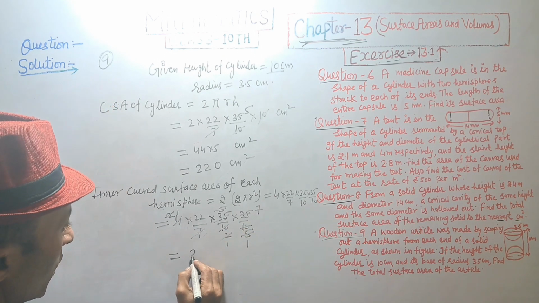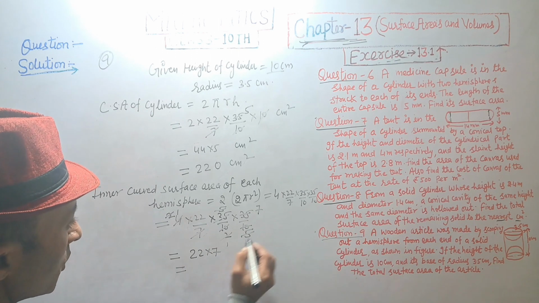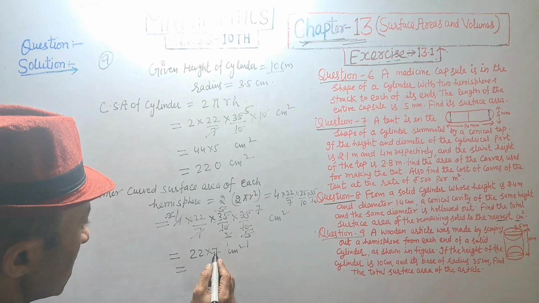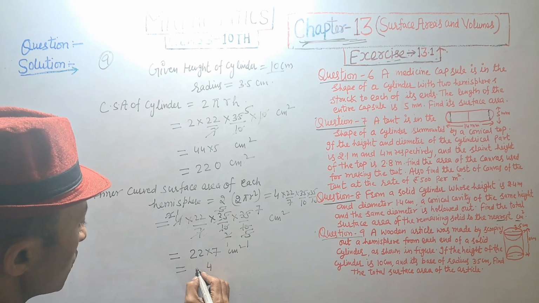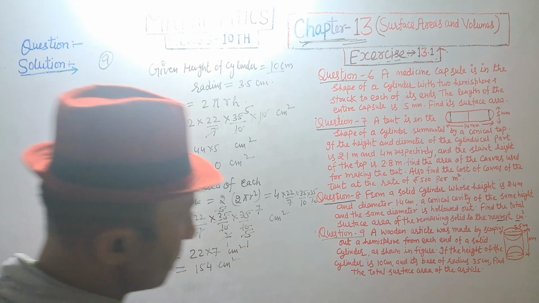We get 22 into 7, that is equal to 7 2s are 14 plus 1, 15 centimeter square.